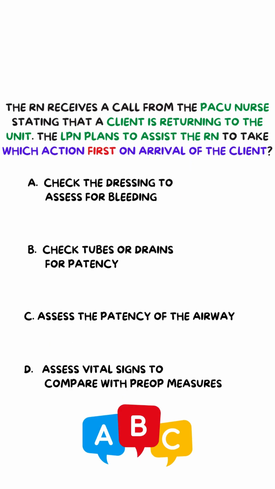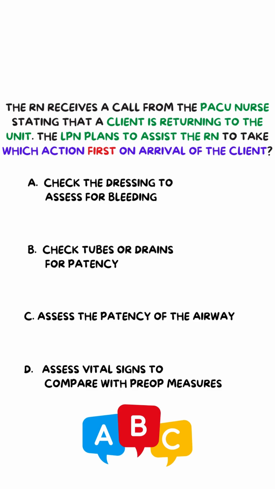Now, if we just go through these answer choices, check the dressing to assess for bleeding, check tubes or drains for patency, assess the patency of the airway, and assess vital signs to compare with pre-op measures, all of those really can be done. None of those are anything that I would say you would not do.